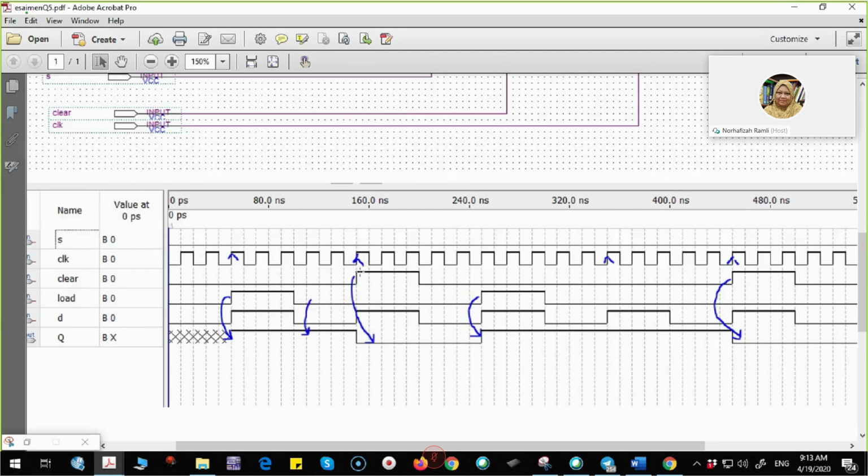Kan? Sepatutnya remember about setup time and hold time, sebaiknya the clear is somewhere here, starting here. So that when the clock coming, the clear is stable, 1, for the data to be clear. Kan? Yes. Itu yang saya punya komen sebab you don't follow the setup time.